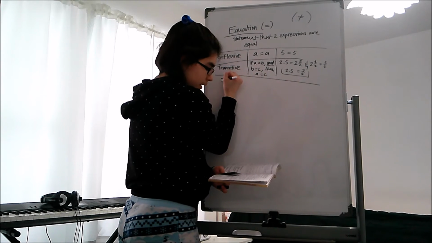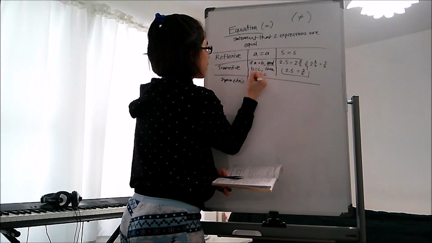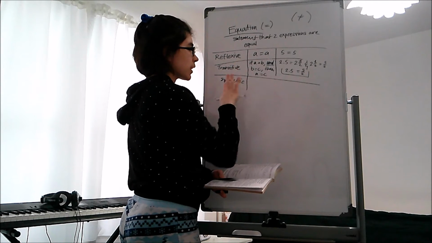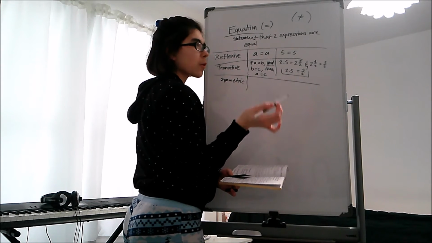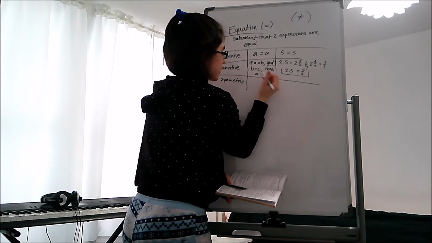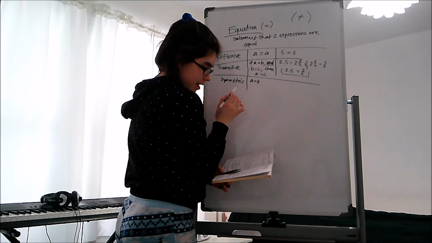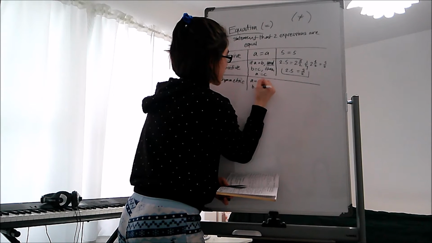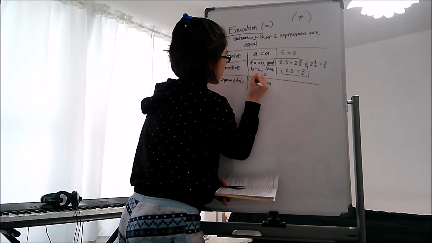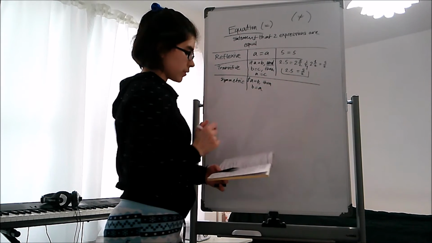Another one, symmetric property. So symmetric, you just think of flipping something between, say, like left and right, like opposites a little bit, but it's not quite. You'll see. So if A equals B, then B equals A, right?